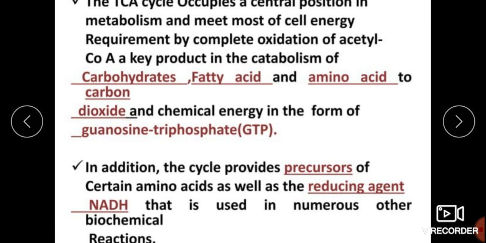This cycle provides precursors for the synthesis of amino acids, as well as reducing power in the form of NADH, and this NADH is used in numerous other biochemical reactions.